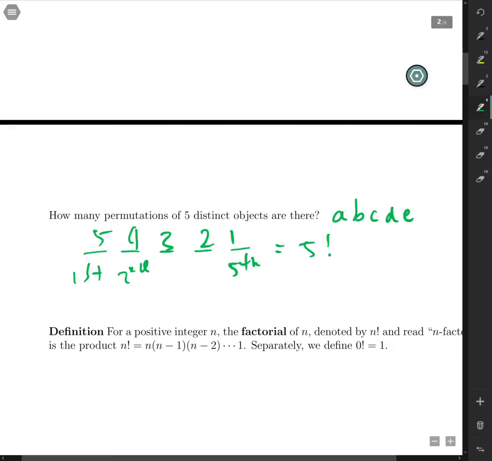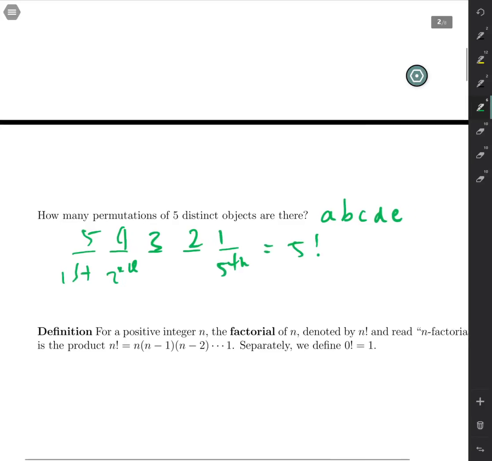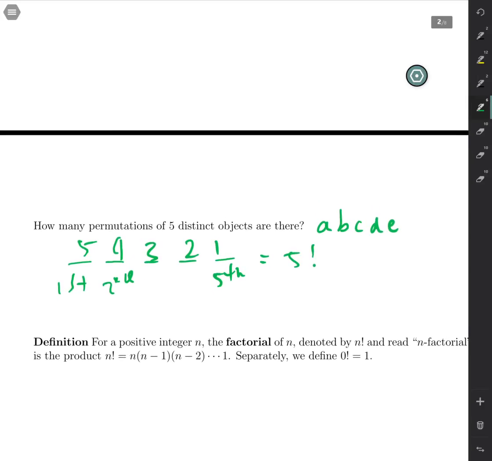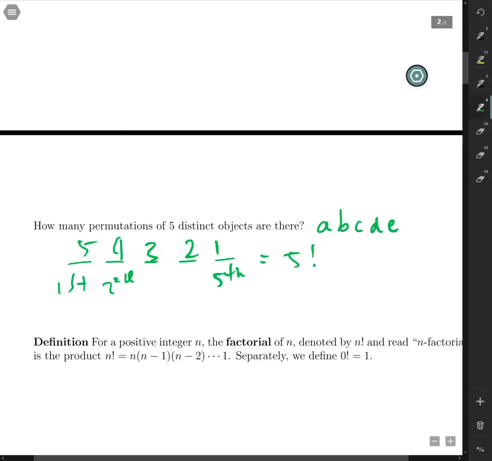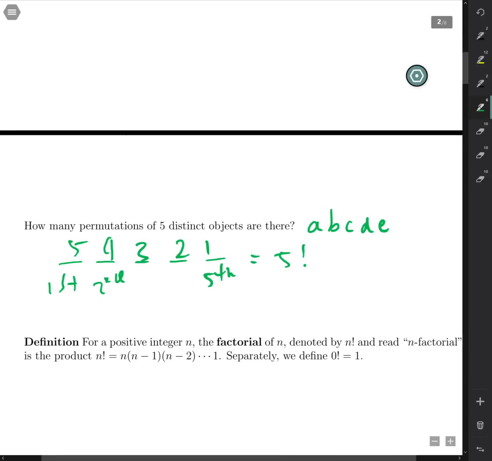In fact, let's talk about factorial. For a positive integer n, the factorial of n, denoted n factorial, is the product of n, n minus 1, n minus 2, down to 1. It's the product of all of the positive integers from 1 up to n, just like we have above for 5 factorial. Separately, we define 0 factorial to be 1.